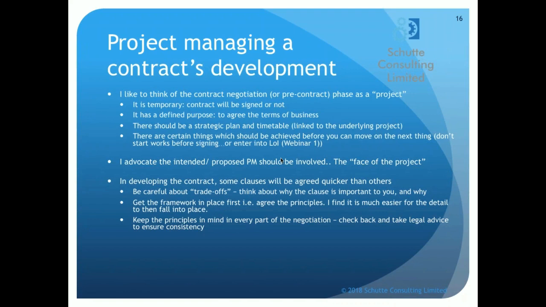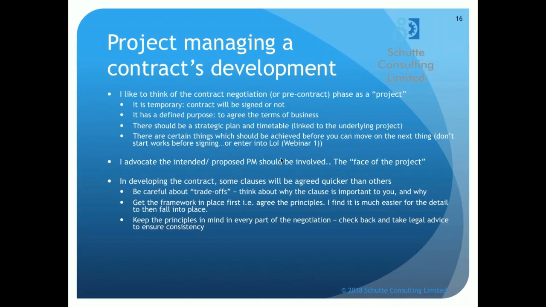Do check back, and check back expressly to your other party as well. Say to them, look, we've been talking about this, but these are the principles which we agreed for this contract. I'm not quite sure that they sit and tie in together. And do take advice to make sure that that is consistent across the contract. I do very often come across contracts which are obviously patchworks.